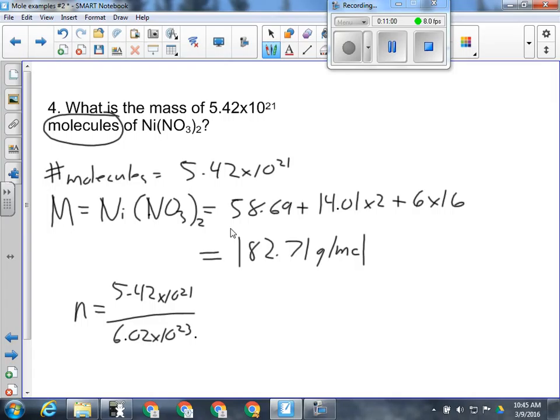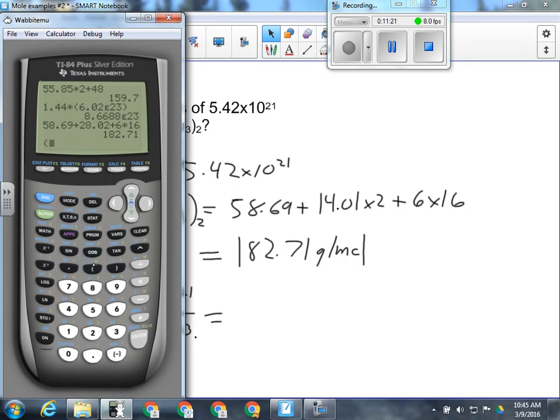No, but I have 6, which is half of a dozen. So I'm taking the number I have and dividing it by the number that represents the unit, in this case Avogadro's number, to figure out how many of that representative unit I have, in this case moles. So we have 5.42 times 10 to the 21 divided by Avogadro's number.